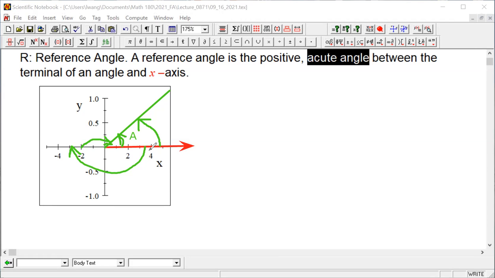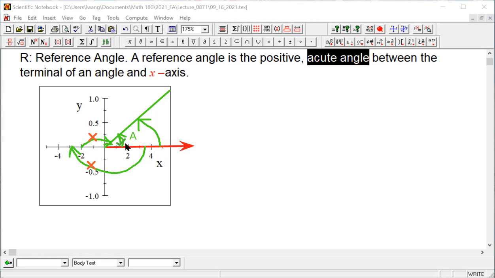Acute. So it has to be both positive and acute. Which one would that be? That will be this guy. And the other two cannot be called a reference angle, when this one is negative and this one is not acute, it's obtuse, right?